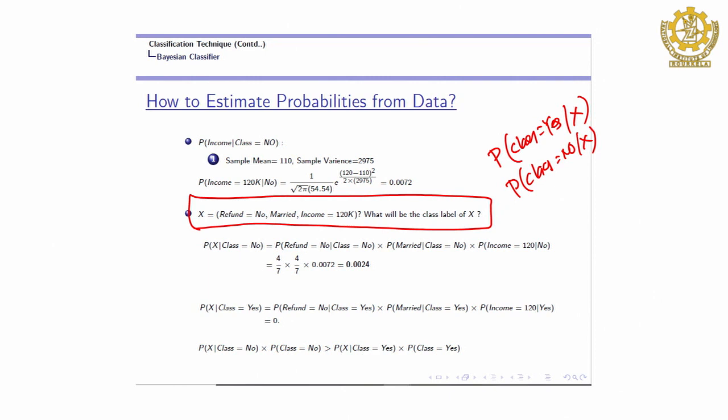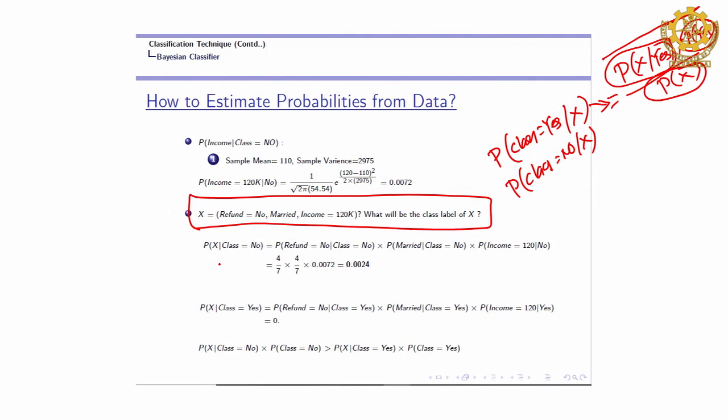As you know, you have to compute the probability of x given class yes, the probability of yes, and the probability of x, but the probability of x does not need to be computed. Only this part needs to be computed, and here we apply the naive Bayes rule.